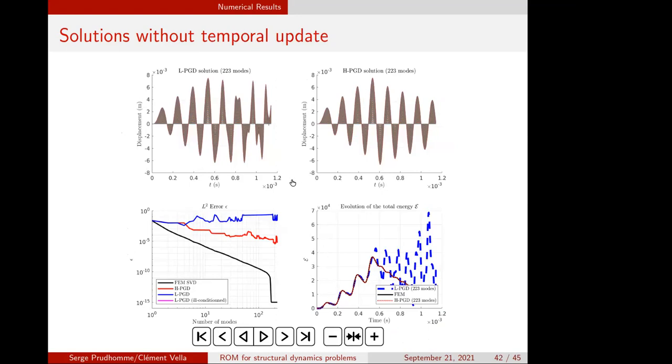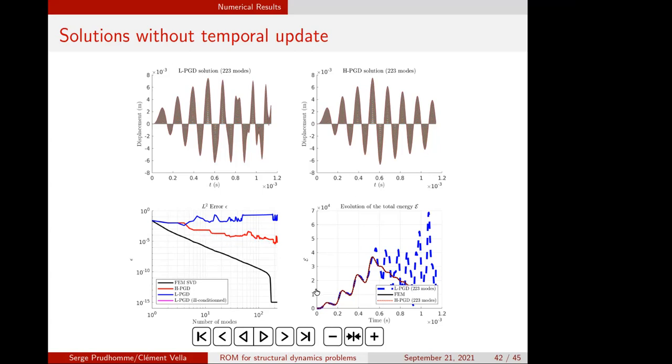And so that stage was really important in order to get decent results. What we see here, without the update for the LPGD, we don't get the correct solution. For HPGD, better. When we look at those results, they are really very much comparable to what we should observe. However, the error is not as good as before.